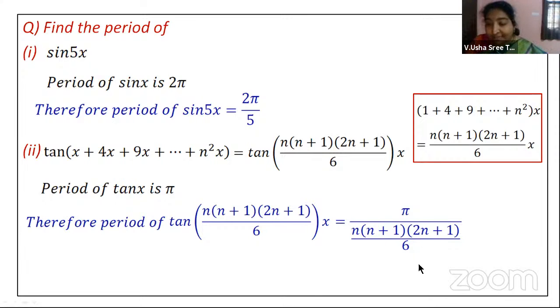Of course, this 6, the denominator's denominator, will be moved to the numerator, right? So you will have it as 6 pi by n into n plus 1 into 2n plus 1.